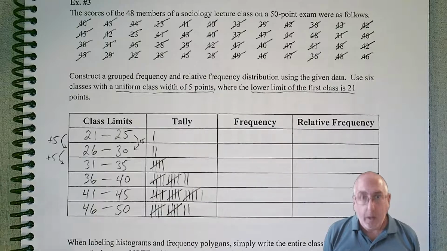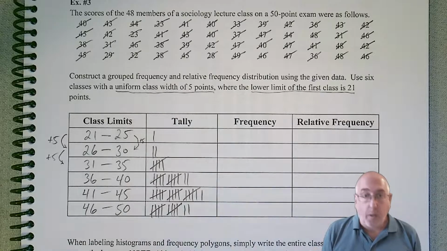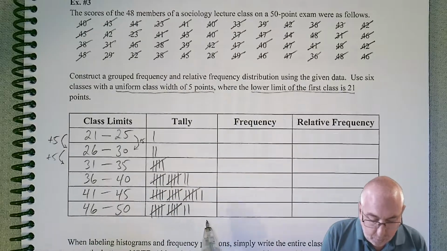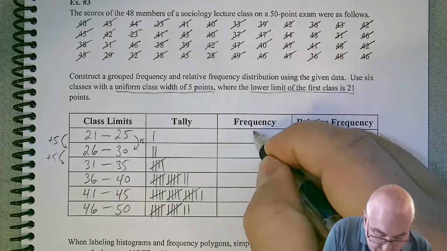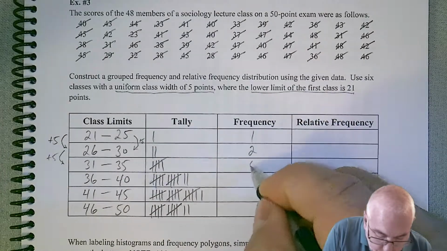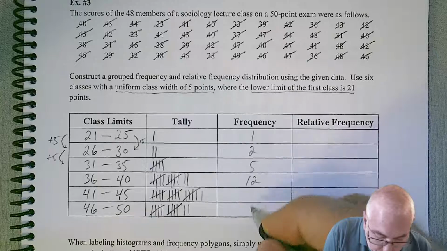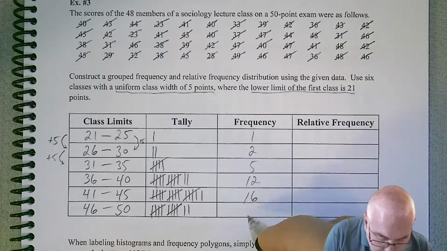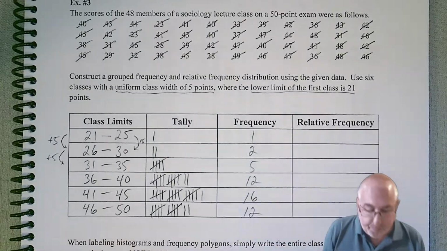Okay, whew, we made it. Now we can just translate these tallies into numbers: 1, 2, 5, 12, 16, and 12.